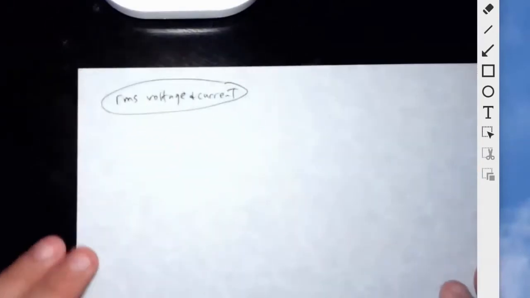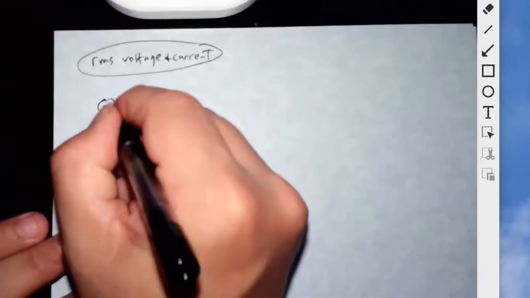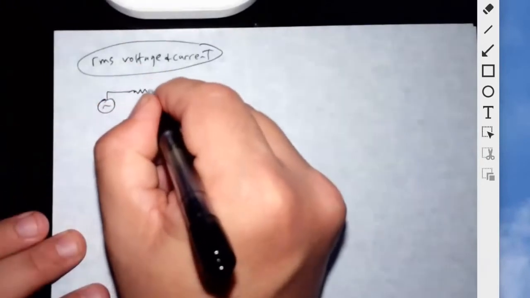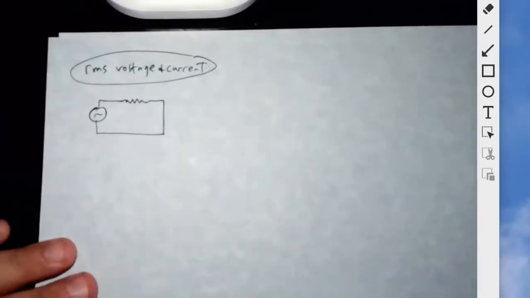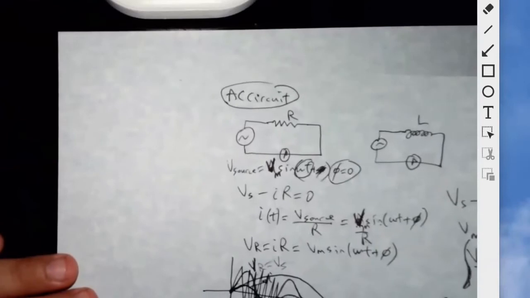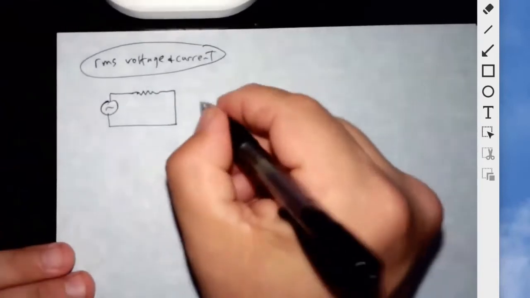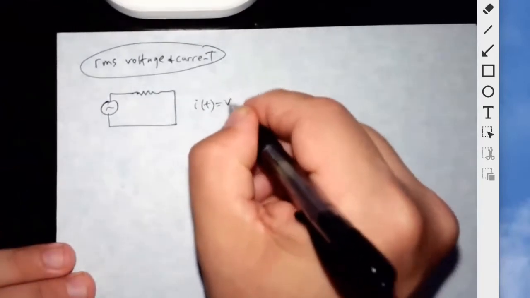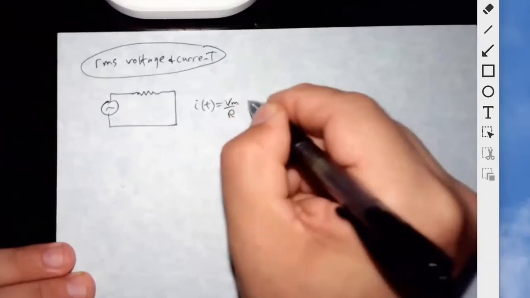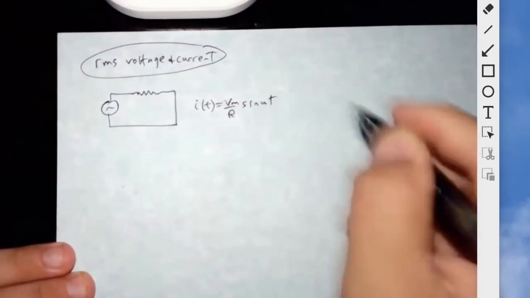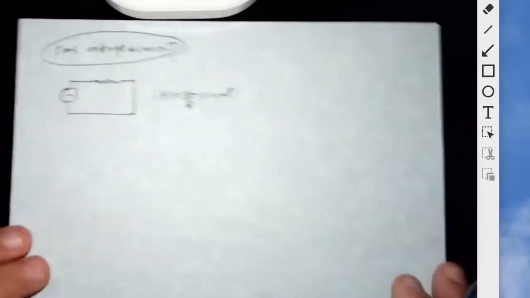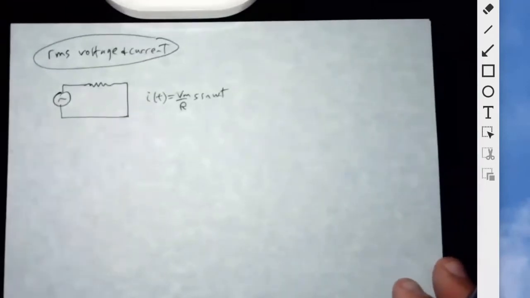So if we go back to the very first one, where we had just the resistor, the current in the circuit was Vm over R sine omega t, right? Now let's talk about something known as root mean square voltage and current.